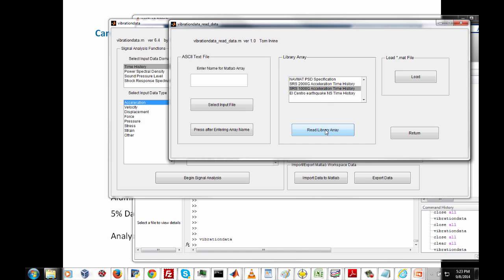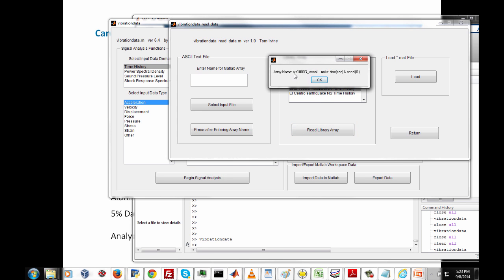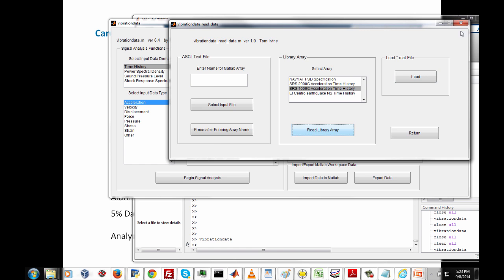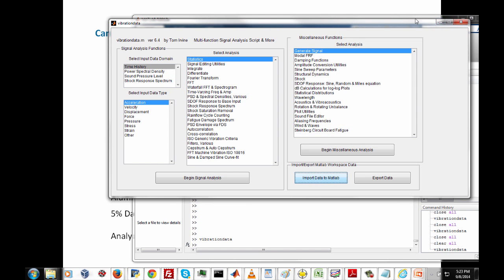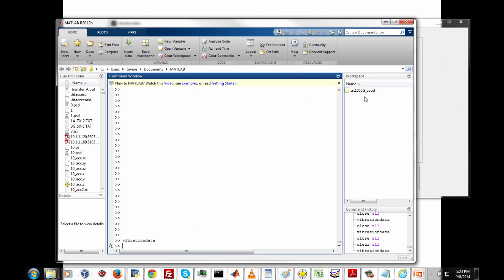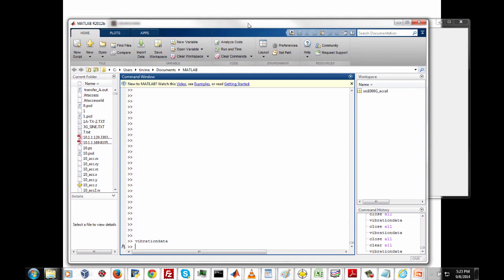For internal MATLAB workspace purposes, it will be called SRS 1000G_Excel, with time in seconds and amplitude as acceleration in G. This data file is included in the zip file. Now it's in our MATLAB workspace, as can be seen here, and I'll show you a plot of this time history shortly.